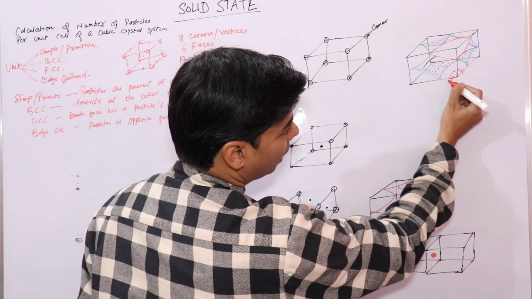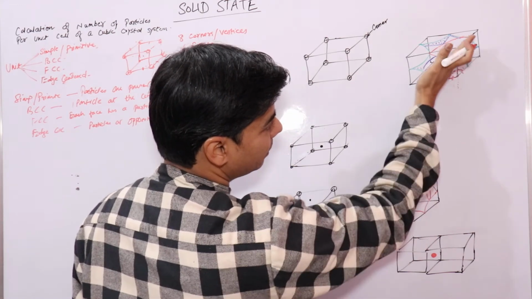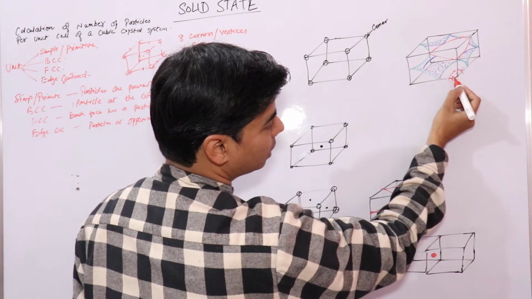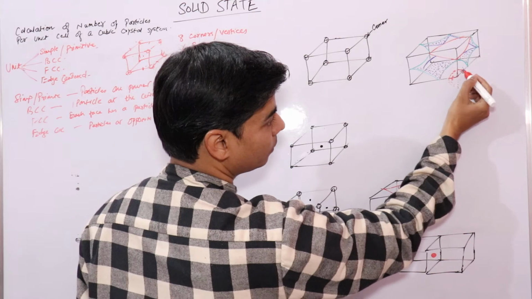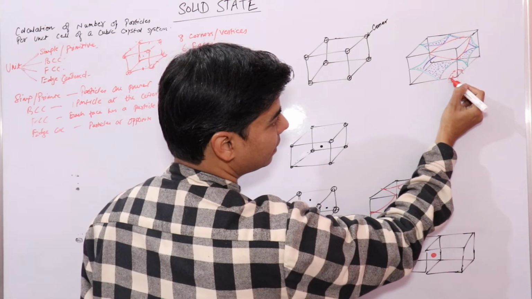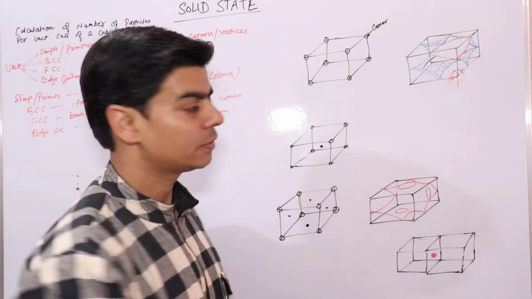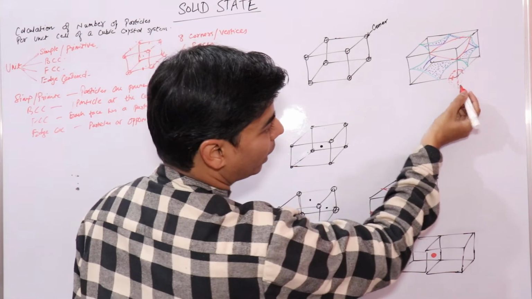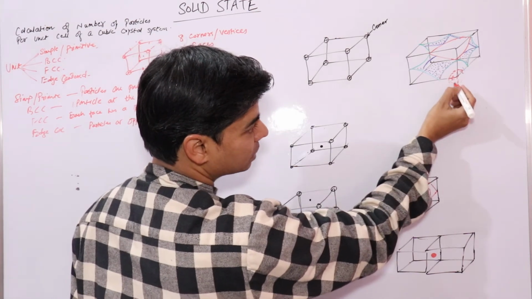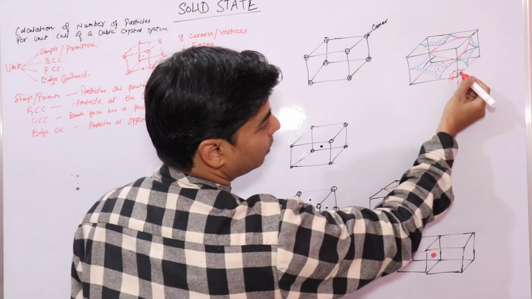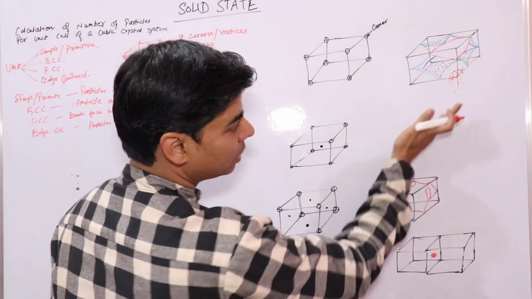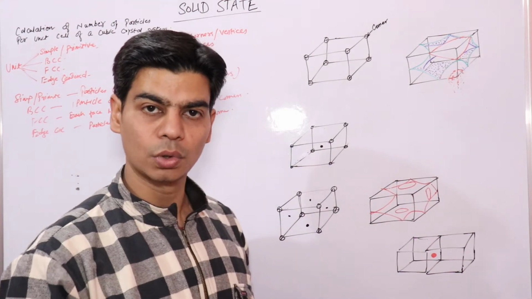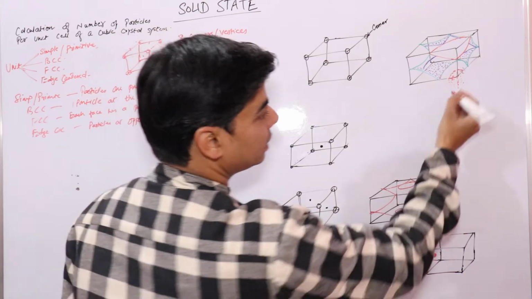Similarly, if you consider a similar cube in the below layer, there would be one unit cell at this corner, one unit cell at this corner, and 2 more unit cells at the back of the below layer, so a total of 8 unit cells at this particular corner.